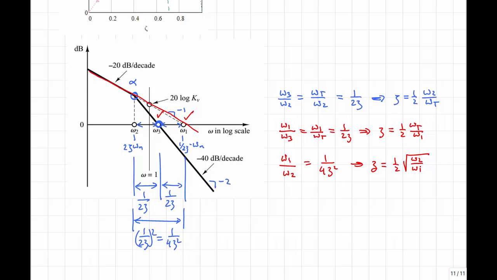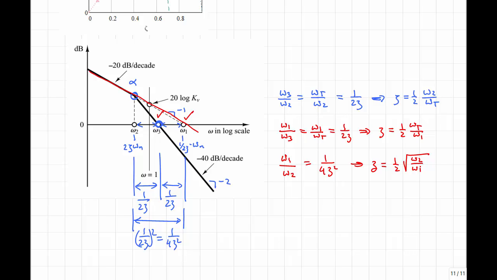Oftentimes when looking at an actual problem, it may not be easy to spot omega 2 or omega 1, and so extracting zeta from just the magnitude plot alone could prove difficult.